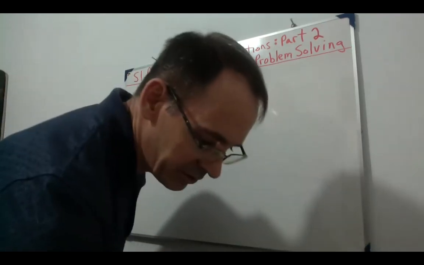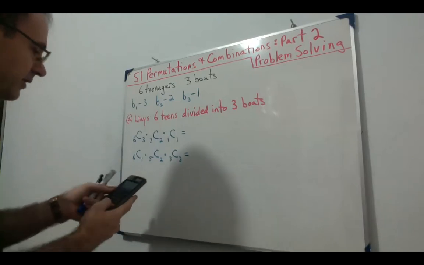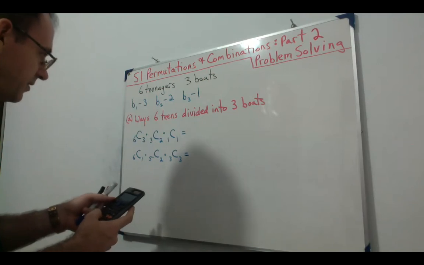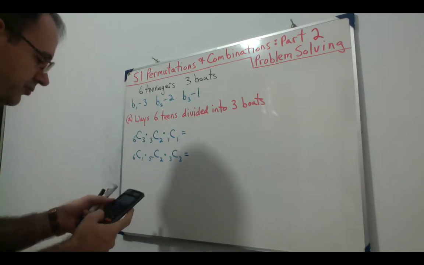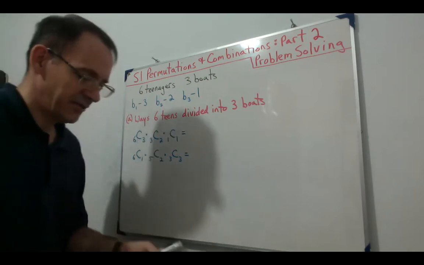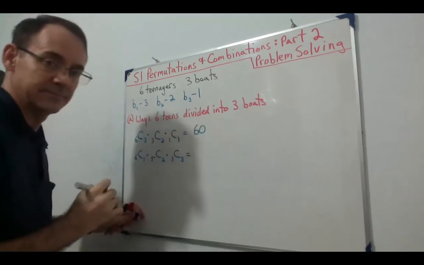If we use our calculator and the nCr key, you have 6 choose 3, times 3 choose 2, times 1 choose 1, and you get 60 different ways.